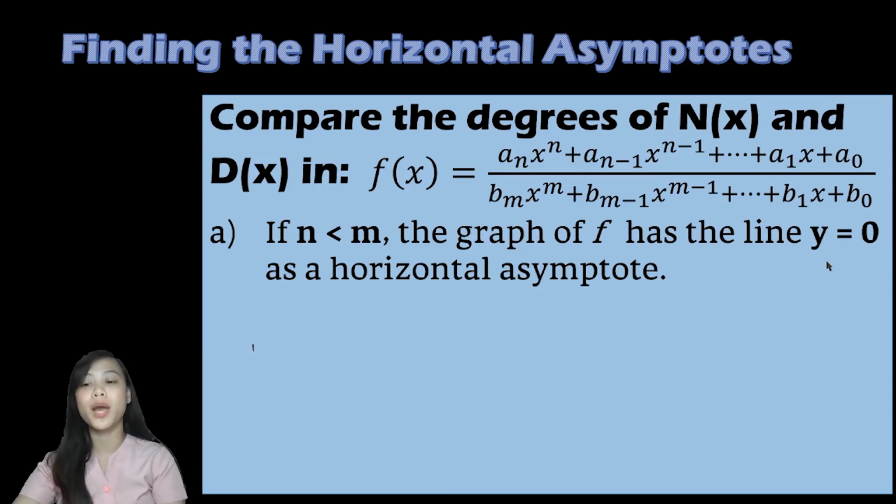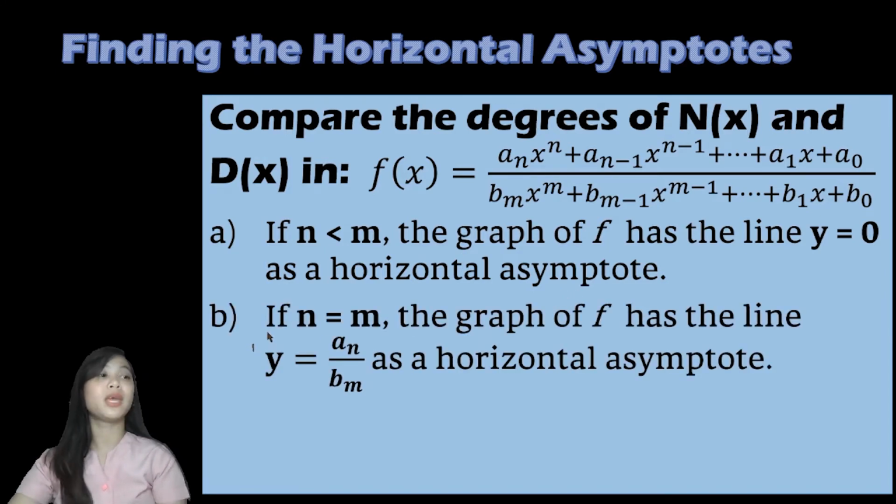So again, y equals 0. If n is less than m, meaning you have a higher degree in your denominator than in your numerator, then we have y equals 0 as the horizontal asymptote.